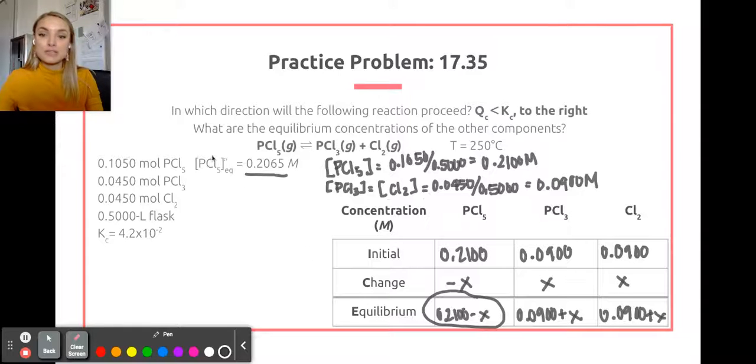So first things first, I'm going to solve for X and then plug that value in to solve for my remaining concentrations. I'll do that. You can check back in just a minute. Pause the video right here.